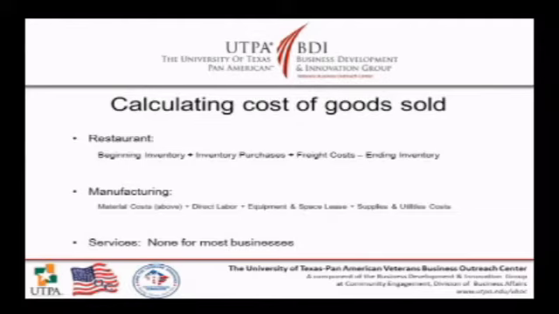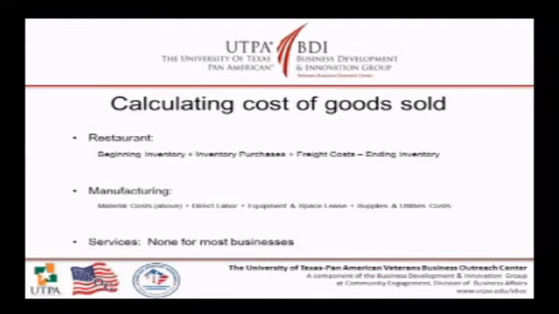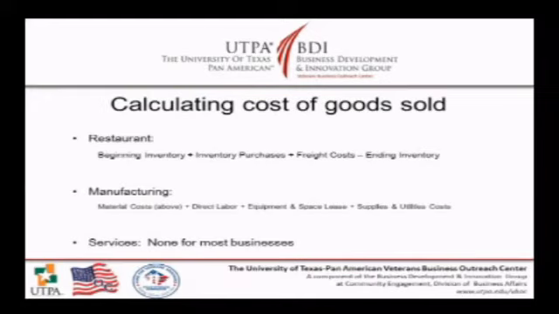And this is just an example of the different ways to calculate cost of goods sold. A restaurant, for example, is going to take their beginning inventory plus their purchases plus their freight costs minus ending inventory. That's going to equal their cost of goods sold. A manufacturing company is going to be a little bit different.